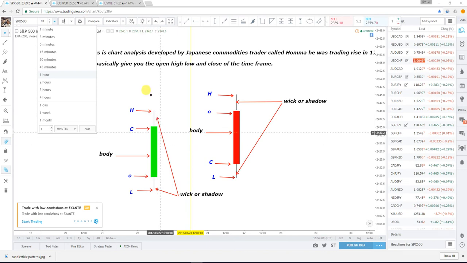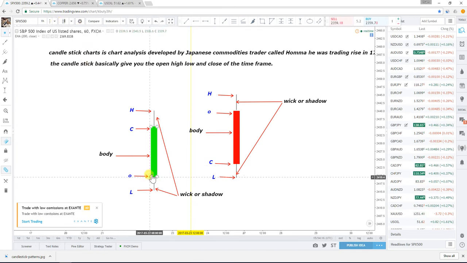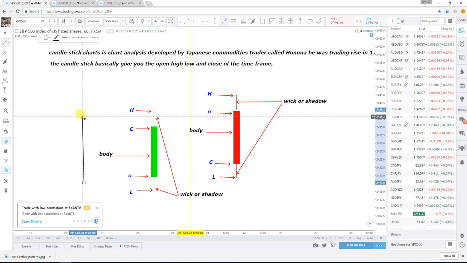And there are two types of candlestick, green and red. The green means that the price went up. The price is moving up. And the red is the opposite. The price is moving down.